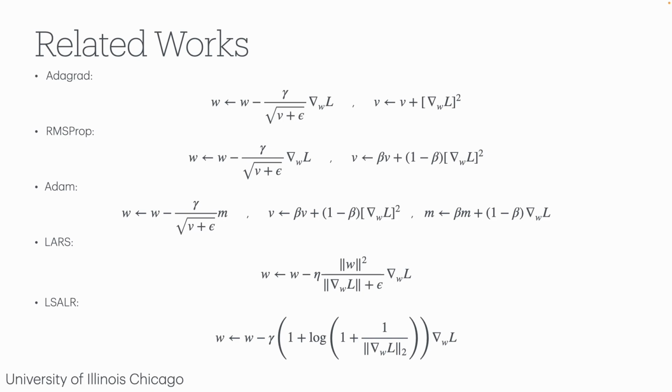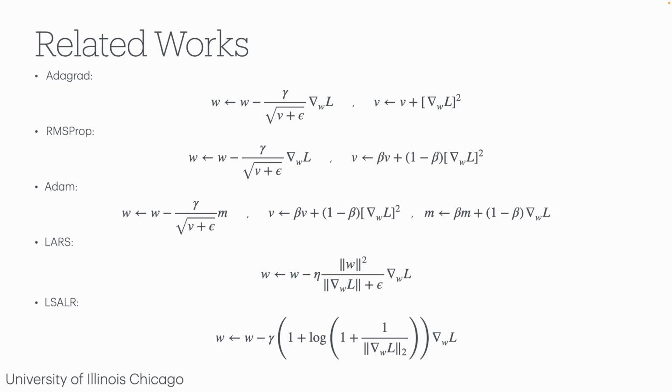Before that, I want to briefly show some normalization based optimization algorithms commonly used in machine learning operations. So first is the ADAGRAD. It is developed to make the learning more adaptive, and it divides the gradient by the accumulated square of the gradient itself. RMSprop does the same thing with a slight difference. It uses the weighted average of the gradient to divide the update term, and ADAM uses the first and the second order of the gradient to update the weights.